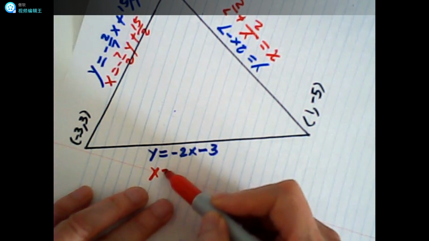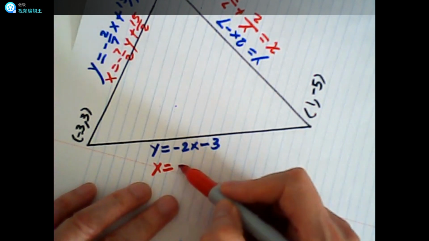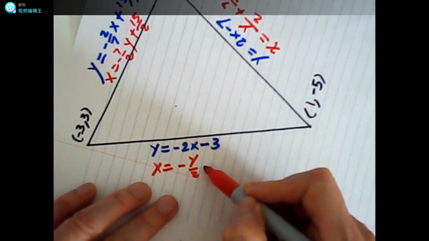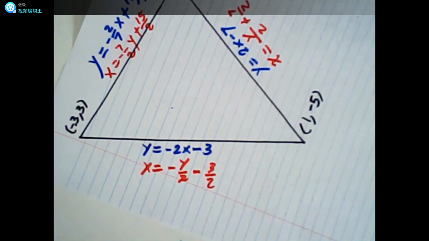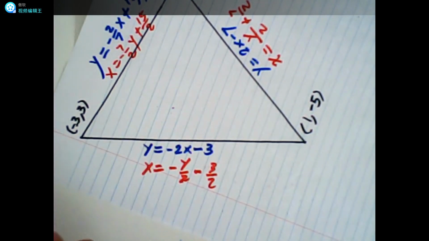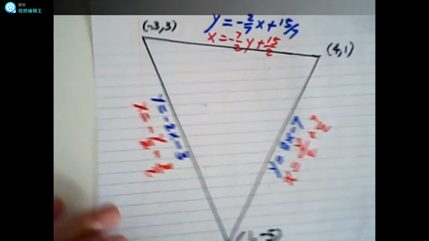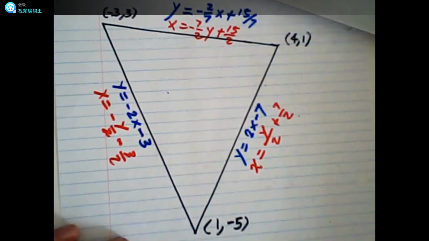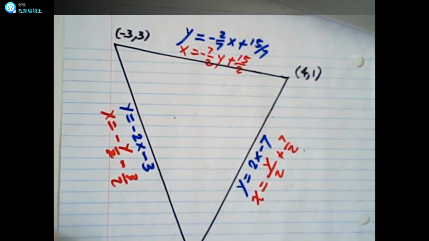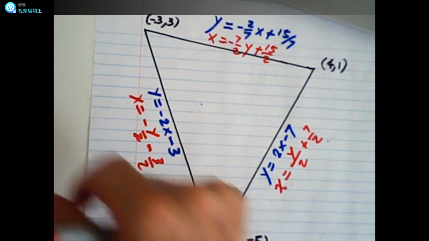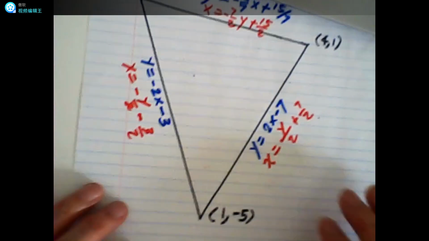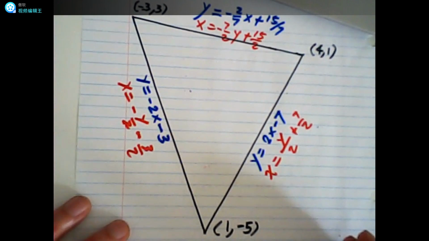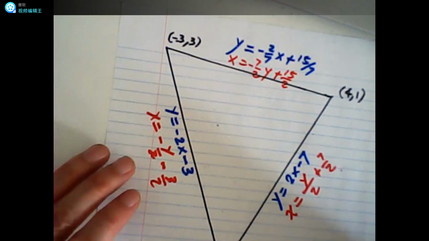This is y equal to minus 2x minus 3, or x is equal to minus y over 2 minus 3 halves. I skip the process of finding these functions, which is not difficult. It's rather easy. Now, the main job is how to set up the integral.